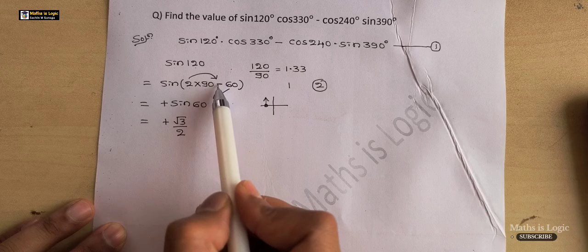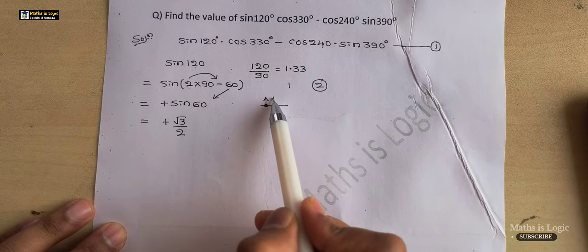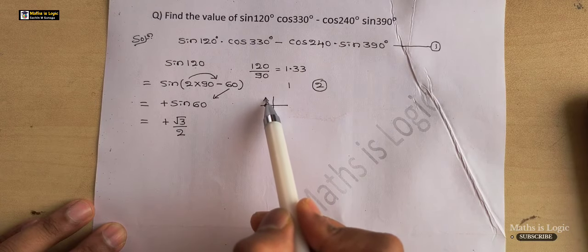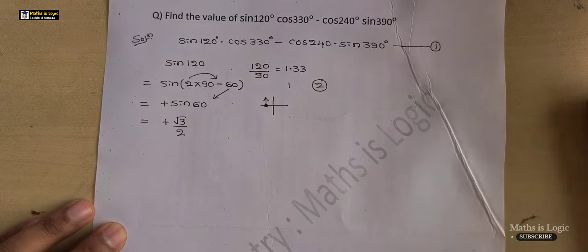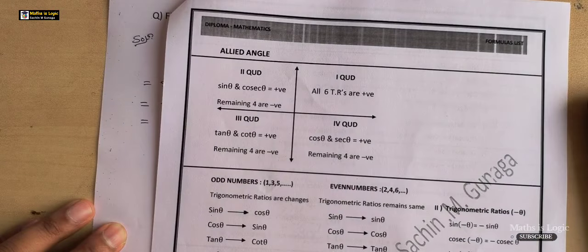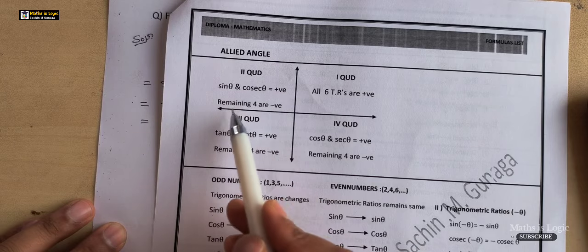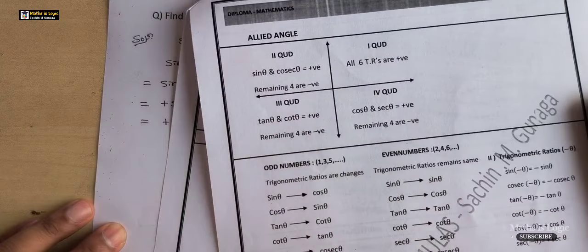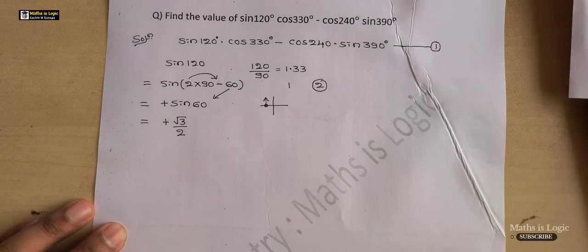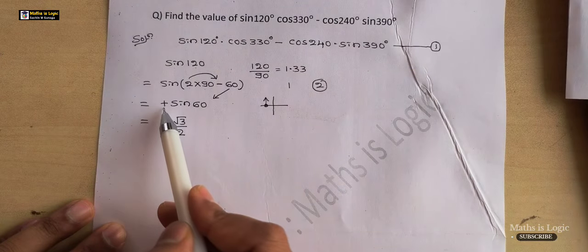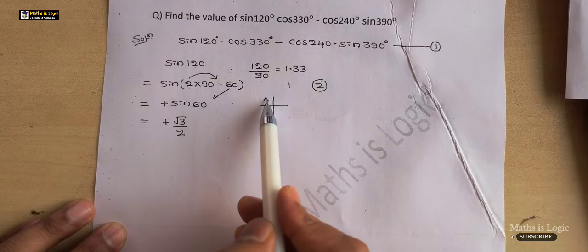Next rotate 2 minus 0, 1, 2, minus means previous quadrant means second quadrant. Remember in the second quadrant sine and cosec are positive, remaining 4 are negative, therefore here sine is positive in second quadrant.